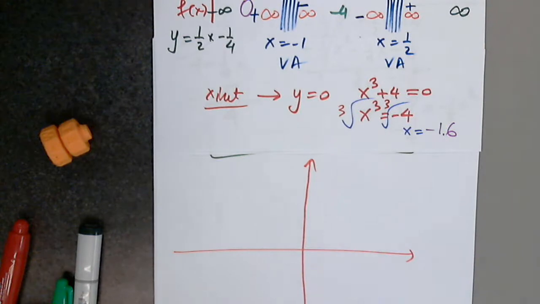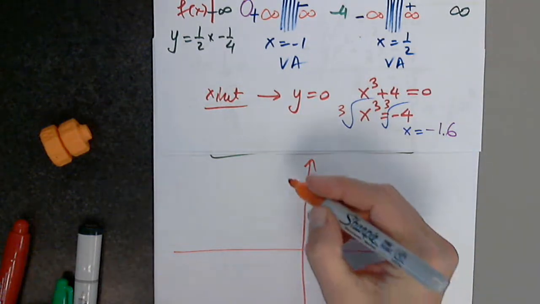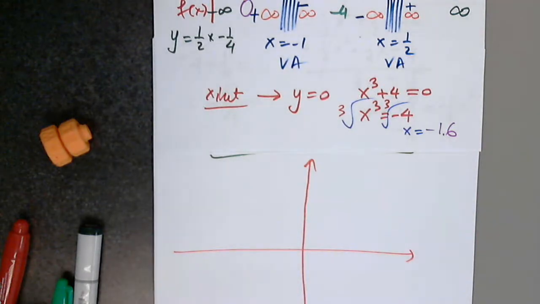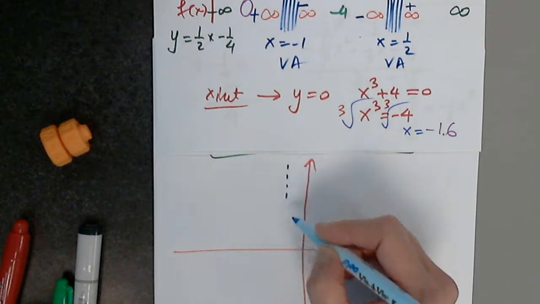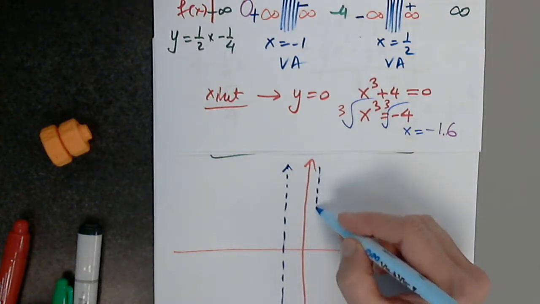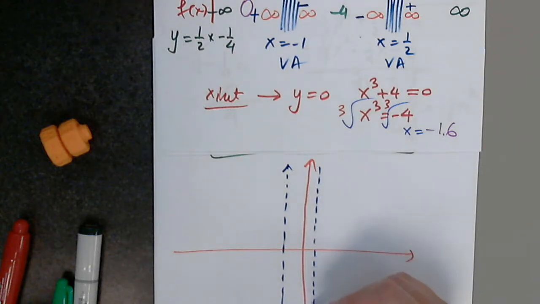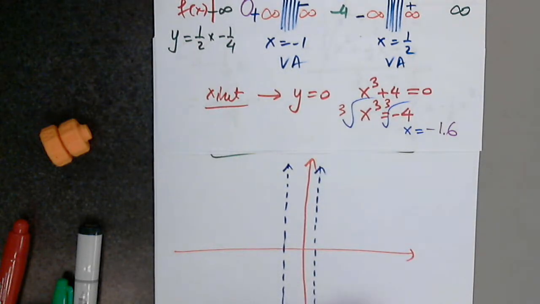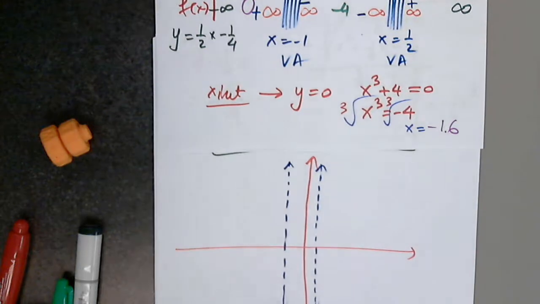Right. And this function has how many asymptotes? 3. Yes. It has 2 vertical ones at -1 and 1/2. X equals -1, x equals 1/2.